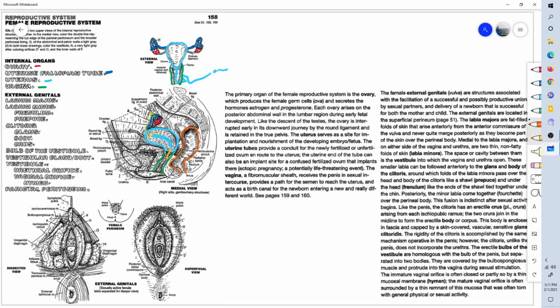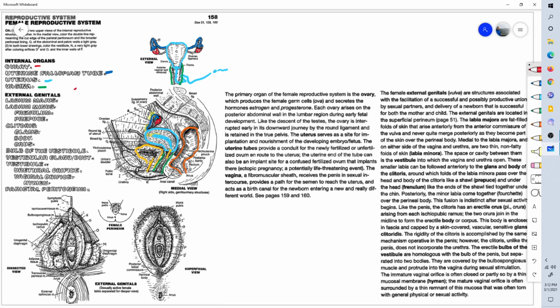In front of the uterus and the vagina lies the bladder. The bladder and the urethra in the bladder, where urination occurs. And those are the internal organs of the female reproductive system.